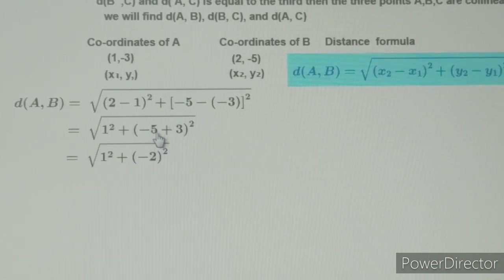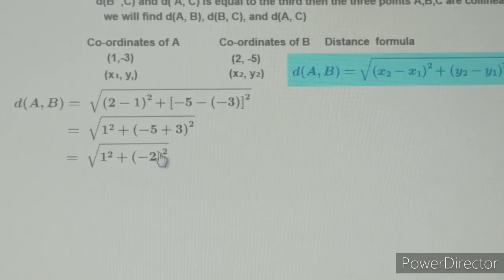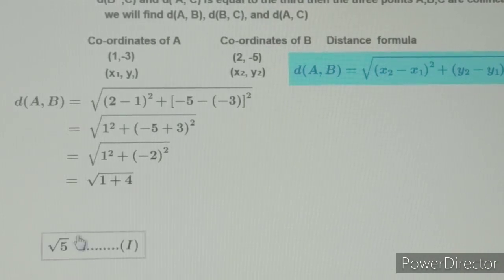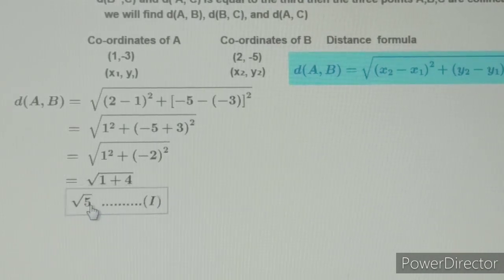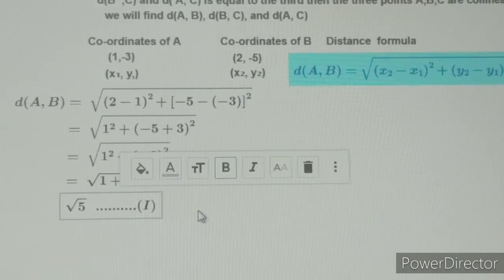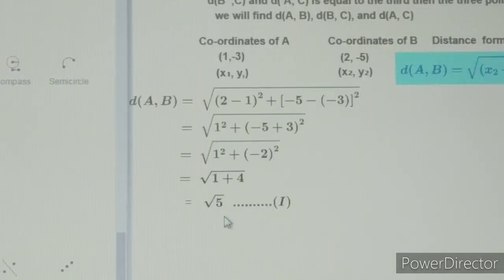Here -5 plus 3 is equal to -2. Therefore 1 square plus (-2) square, that is square root of 1 plus 4, that is square root of 5. This is, suppose, statement 1. We have distance AB is equal to square root 5.